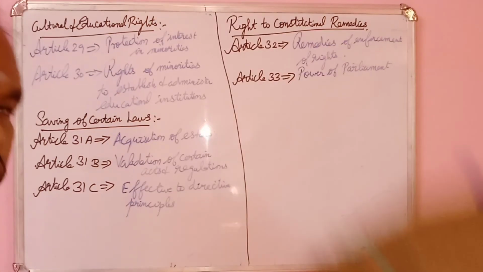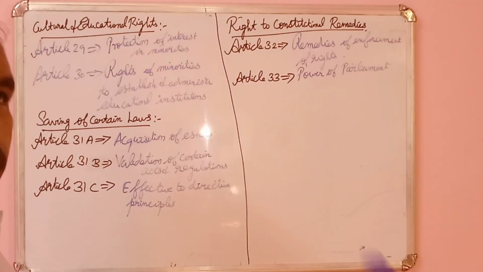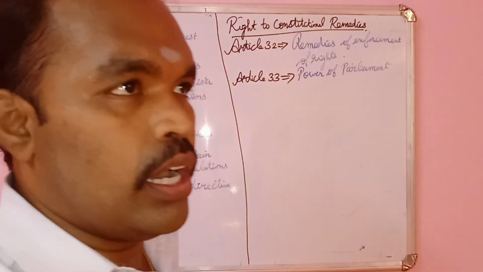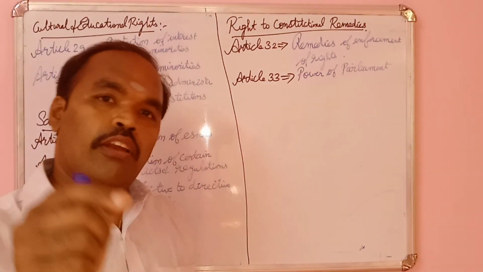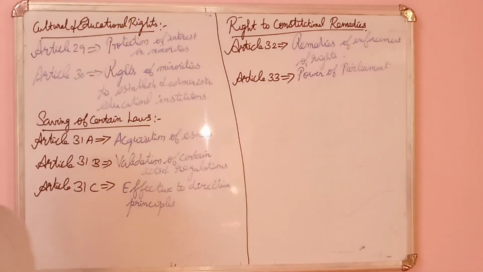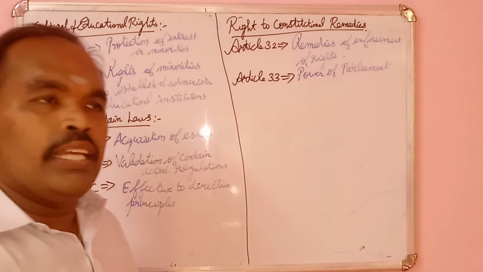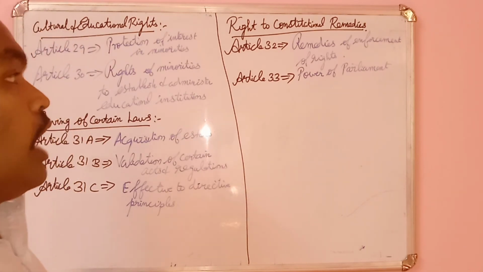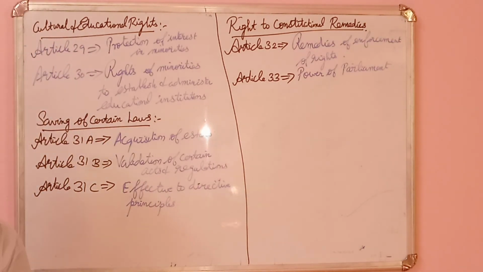When they go to parliament, what powers are associated with each and every member? In Lok Sabha there are nearly 543 MPs, and in Rajya Sabha nearly 233 MPs. So how the powers are mentioned for each one is under Article 33.